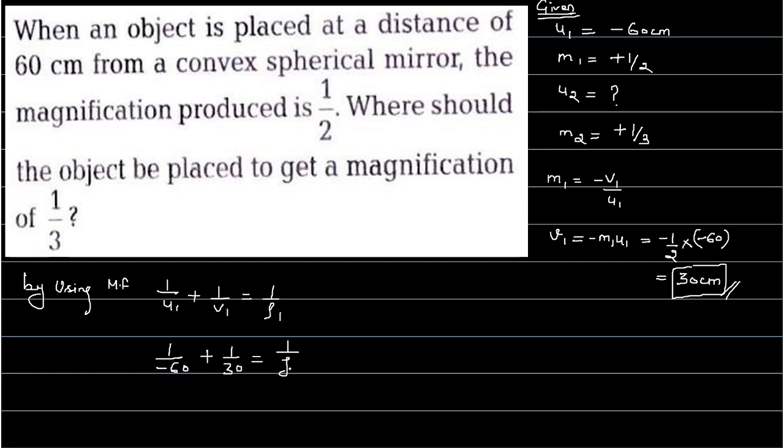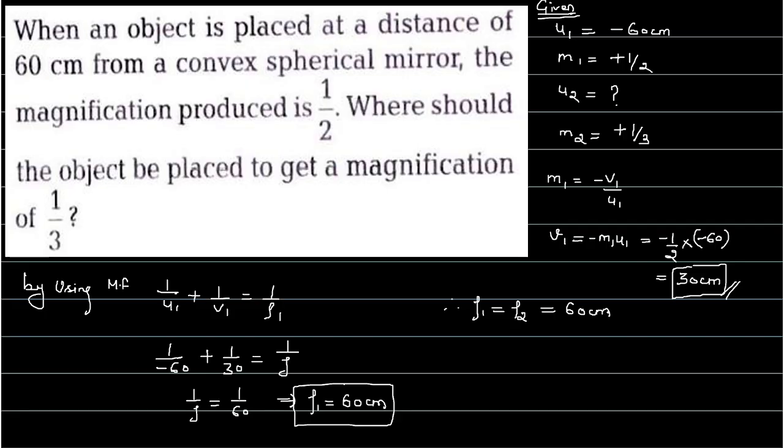So 1 upon 30 minus 1 upon 60 would be 1 upon 60. So 1 upon f comes out to be 1 upon 60. That means f1 comes out to be 60 centimeter. Now since the mirror is the same, f1 will be equal to f2, that is again 60 centimeter.